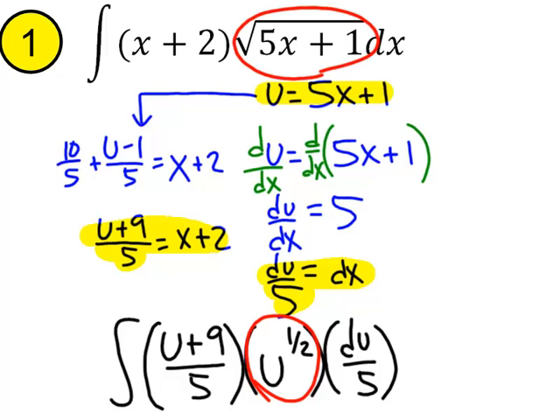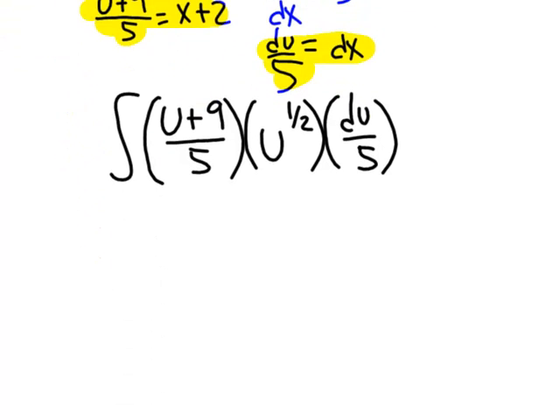That's what u-substitution does for us. So let's go ahead and distribute. Actually, what would probably be easier to do is take any annoying constants to the outside. We've got a 5 in the denominator here and another 5 in the denominator here. That means we can bring a 1 over 25 to the outside of the integral.